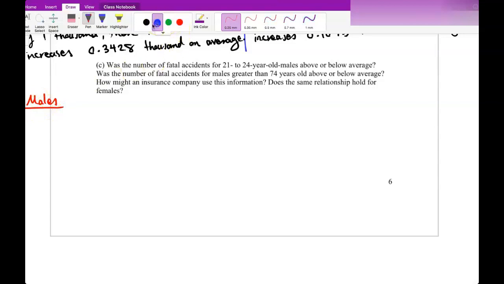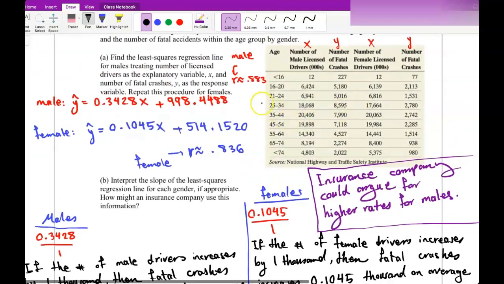So first we have this group, 21 to 24. X is this number, 6,941, and Y is 5,016.